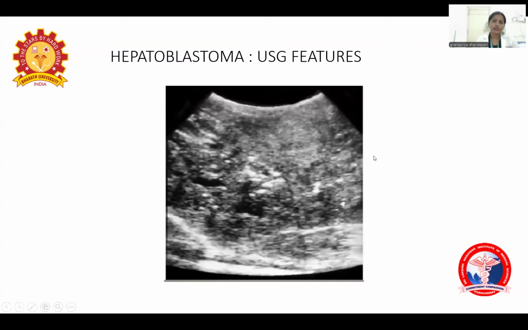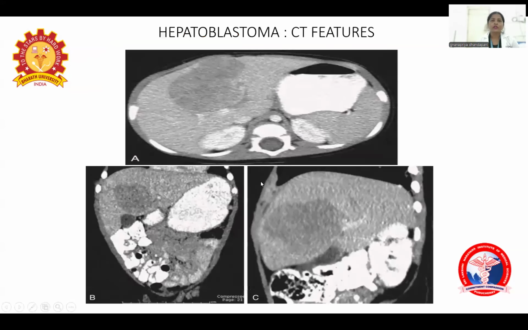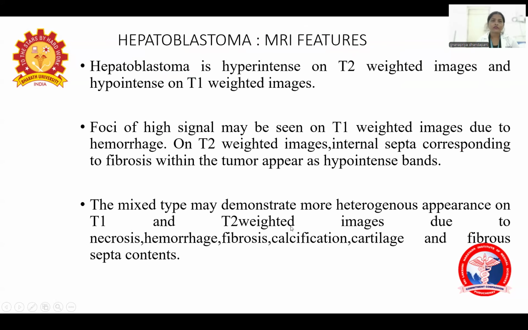Here is a large heteroechoic lesion with cystic areas and calcifications seen in the liver. Here again is the CT of hepatoblastoma, a large hypodense lesion showing variable hypoenhancement in the liver. In MRI, hepatoblastoma is usually hyperintense on T2 and hypointense on T1 weighted images.